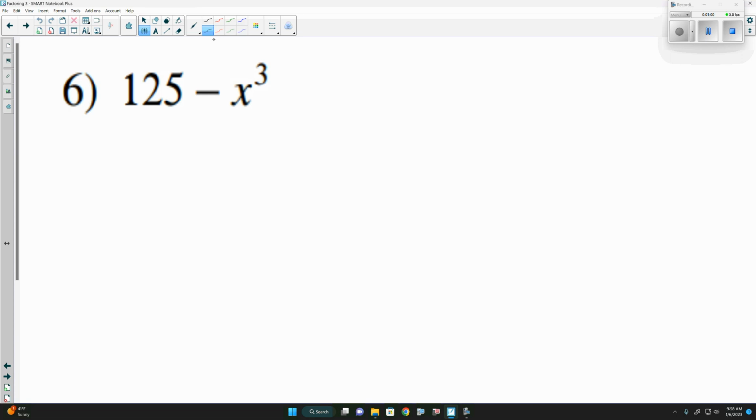Now, with any of these, we do look for a greatest common factor first. Well, between 125 and x cubed, there's not one. So we can look at the cube roots.